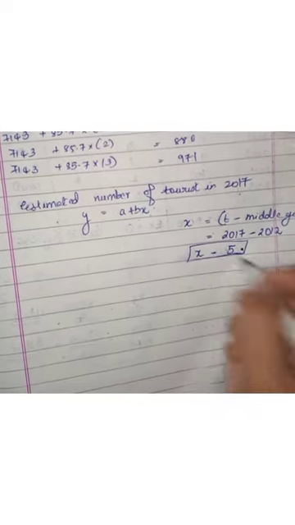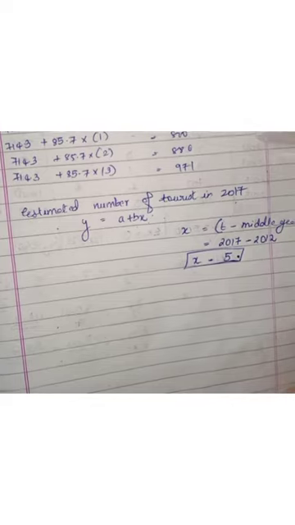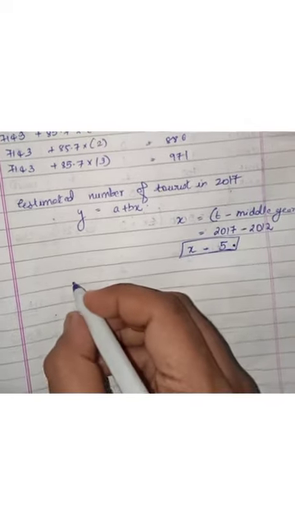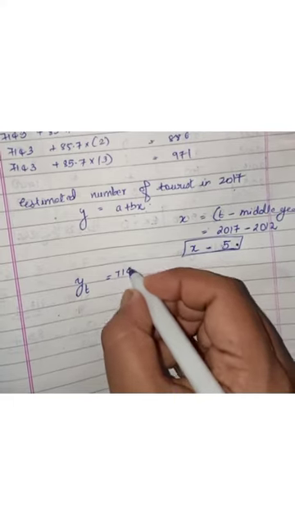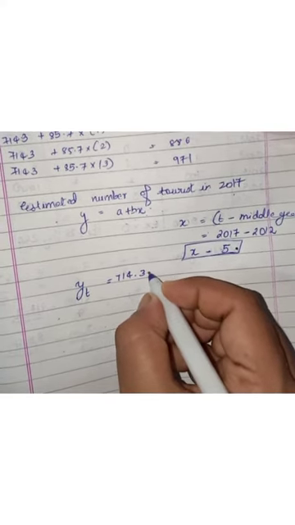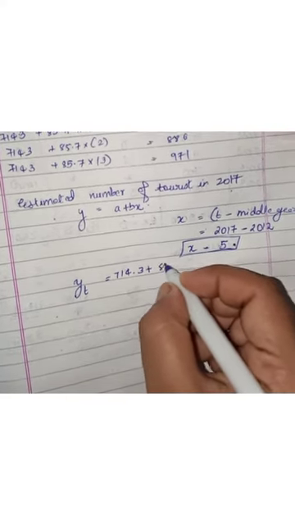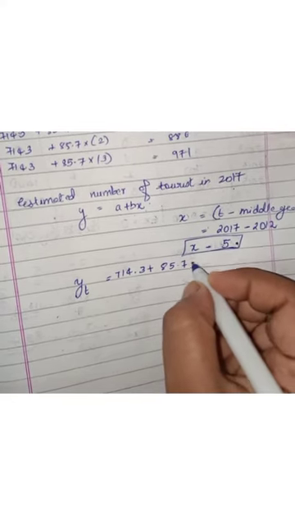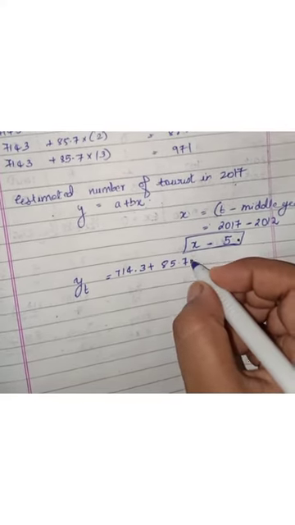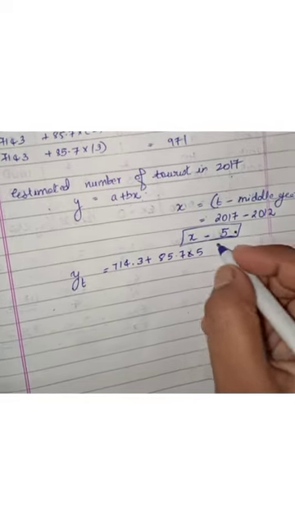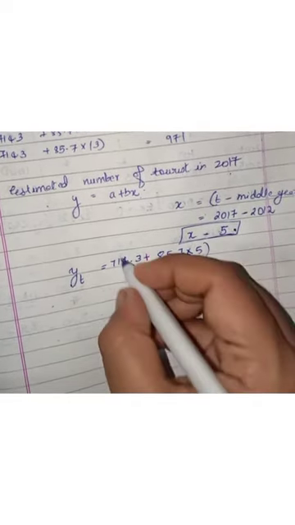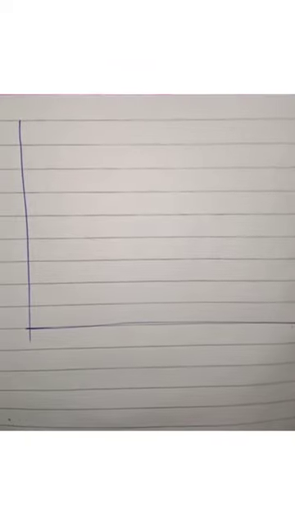Now we substitute into yt equals a, 714.3, plus b, 85.7, into x, that is into 5.